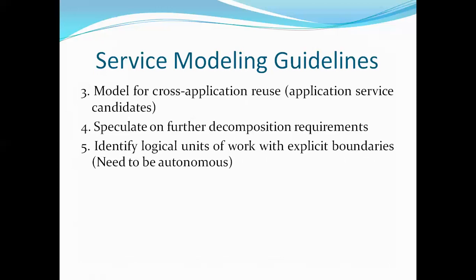Then the fifth modeling guideline is identify logical unit of work with explicit boundaries. So you define the boundary. Every service needs to be autonomous. Autonomous means independent. That service is not dependent on any other service.